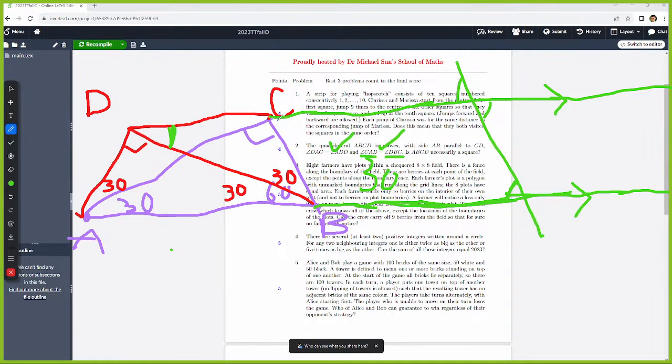Okay. So this is the part where it's going to be a bit tough because you have to remember what I was saying just before.